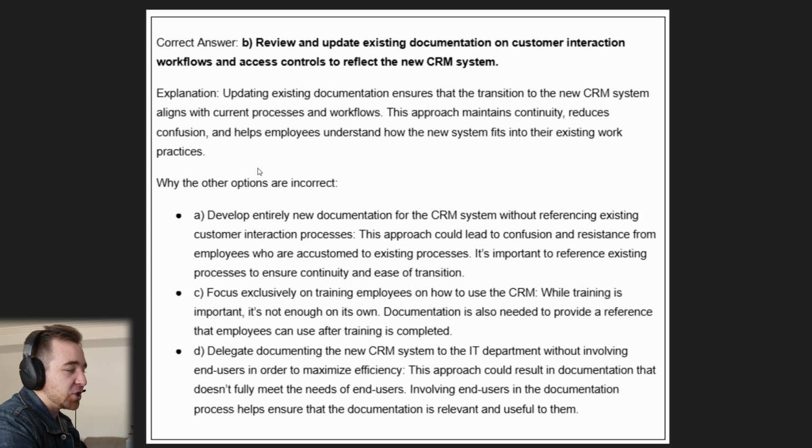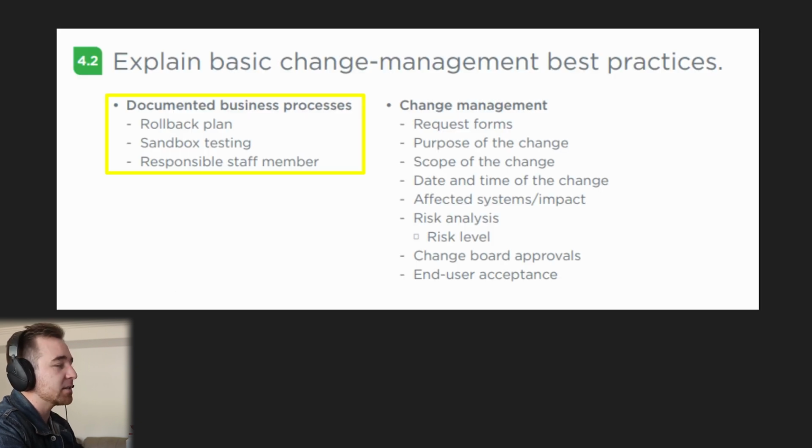So there's a further explanation here written out that you can pause and read if you want to, but that's pretty much what I just talked you through there, right? So that brings us to where that's from, which is from exam objective 4, more specifically 4.2, explain basic change management best practices. And you can see here we've highlighted, it's from this particular dot point. So documented business processes.